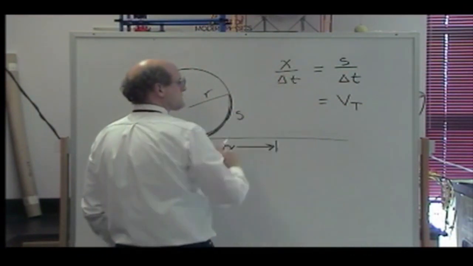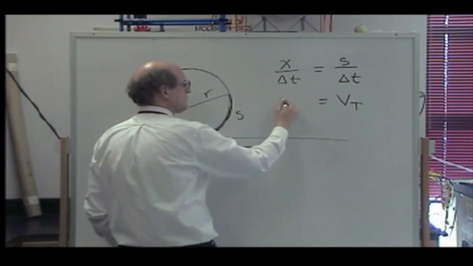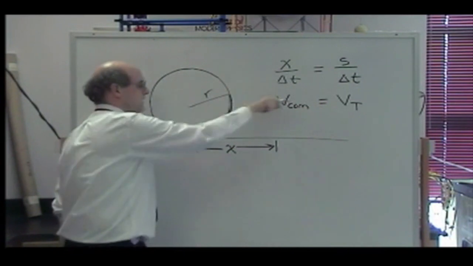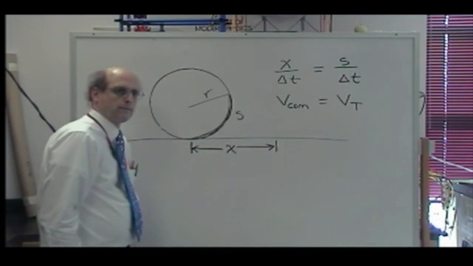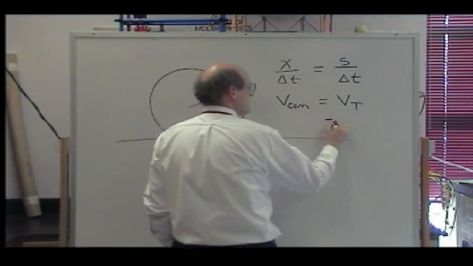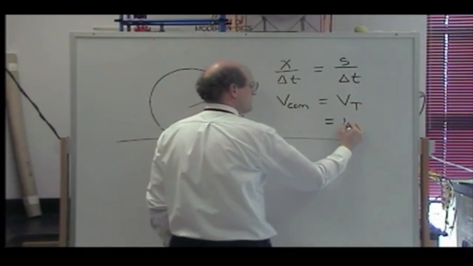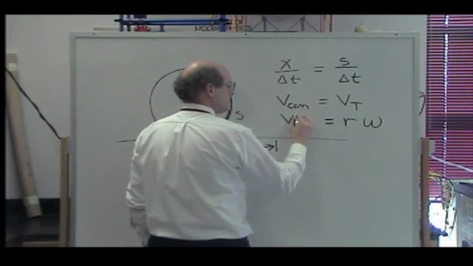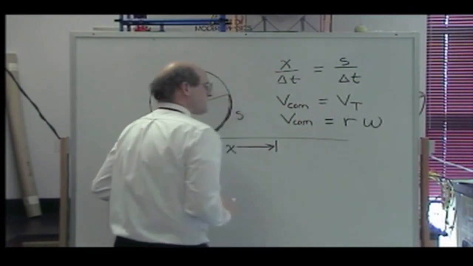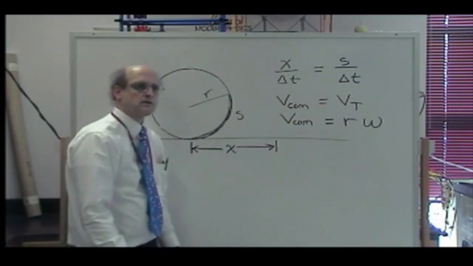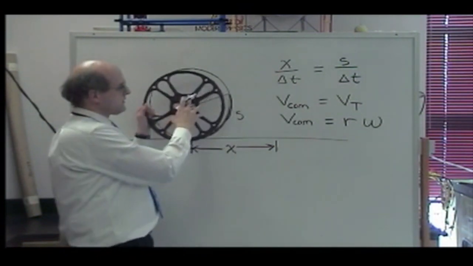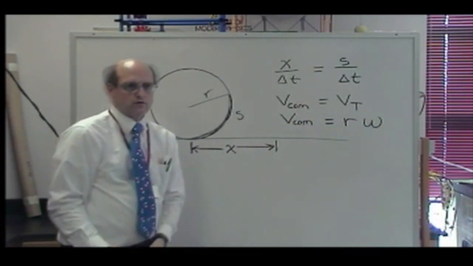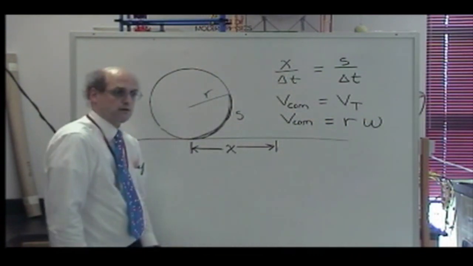And x over delta t would be equal to the speed of the center of mass of the wheel, which is directed to the right. But didn't we learn previously that the tangential speed was equal to the radius of the wheel times its angular speed? So the center of mass speed of a wheel as it rolls without slipping is equal to the radius of the wheel times the angular speed.